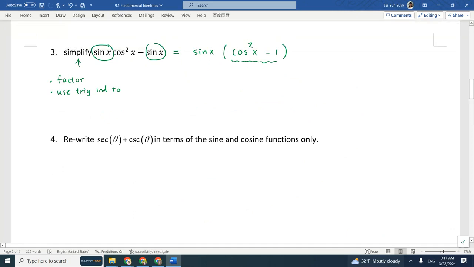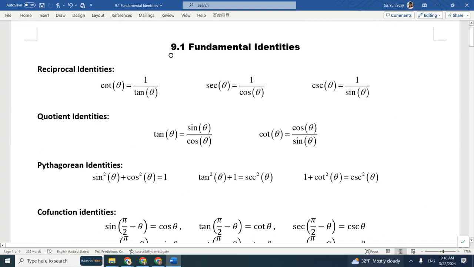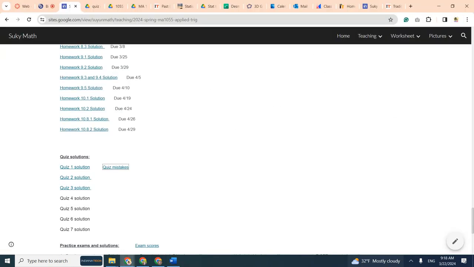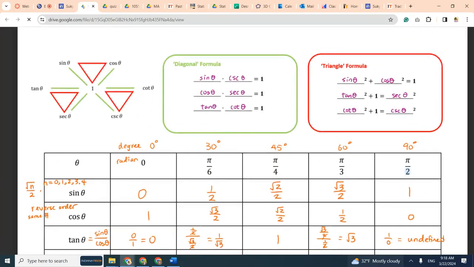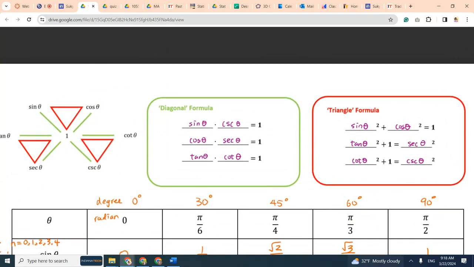This section requires you to be very familiar with the trig identities. If you see cosine square and 1, what can you think of? The reciprocal identity, or maybe the triangle formula. It's better to look at this one because you are more familiar with it. Do you see in the reciprocal identities all the powers are 1, and in the triangle identities all the powers are square?